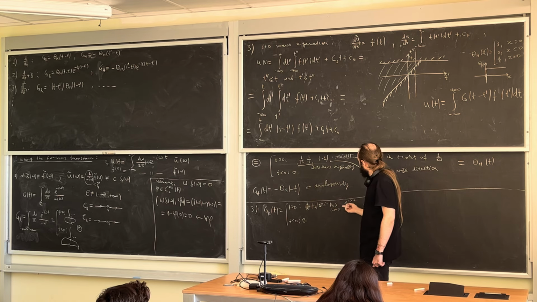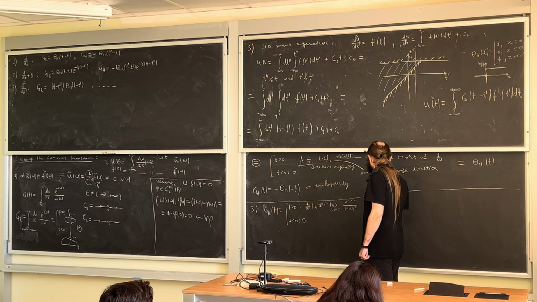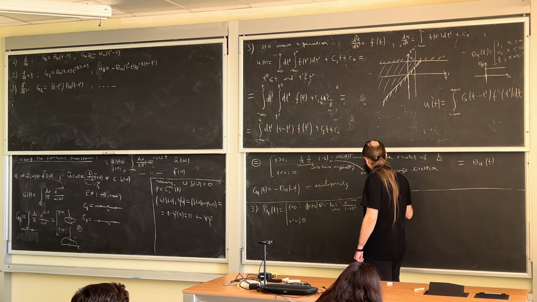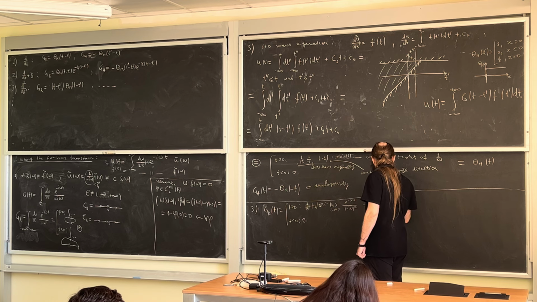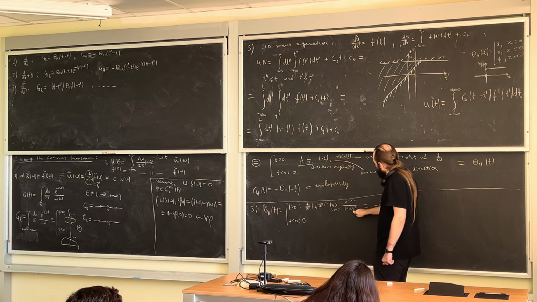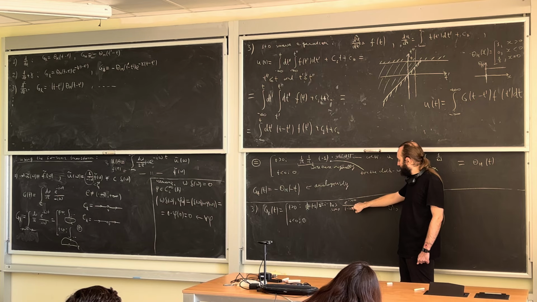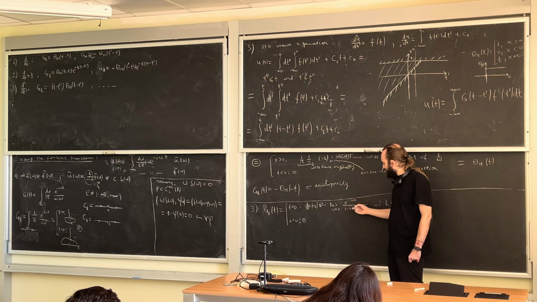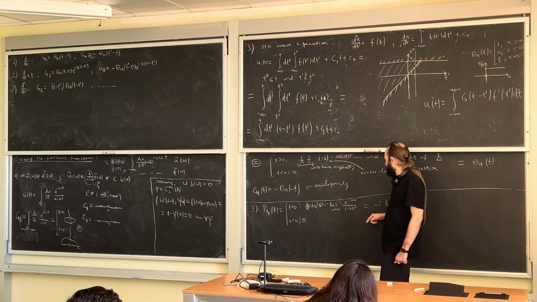So this can be computed in the following way. Since we have a second order pole, but we are interested in the coefficient in front of 1 over omega, we need to expand it as a series in omega.